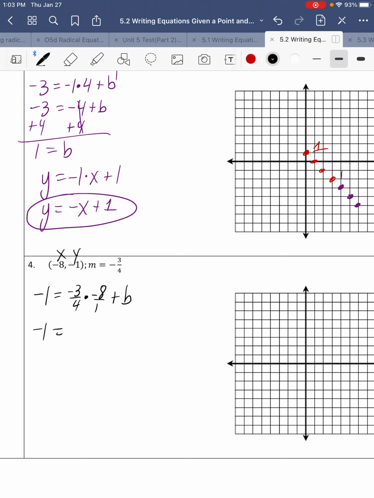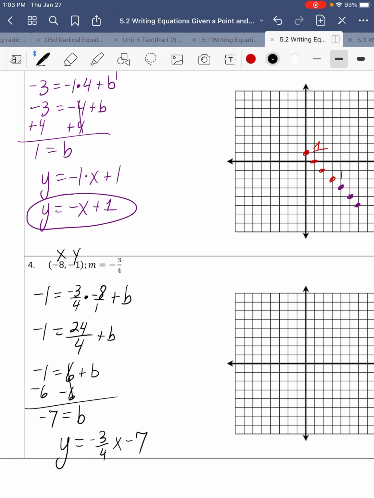So my first step is multiplying -3/4 times -8, which is -8 over 1. -3 times -8 is positive 24. 4 times 1 in the denominator is 4. 24 divided by 4 is 6. Subtract 6. And b is going to equal -7. So we have y equals -3/4 x minus 7.